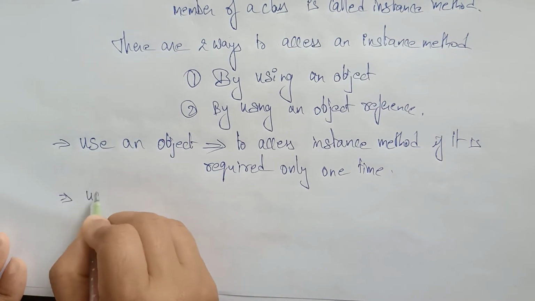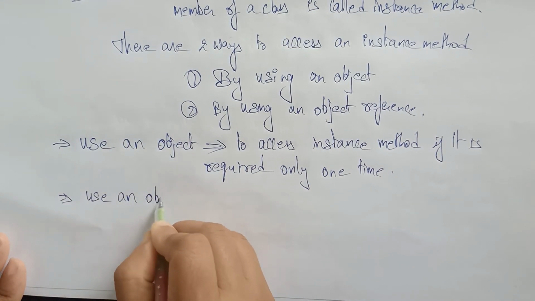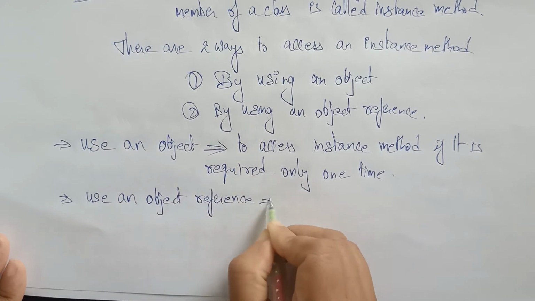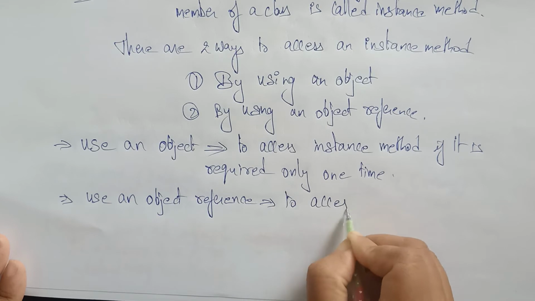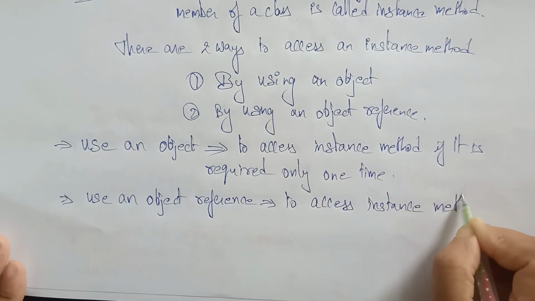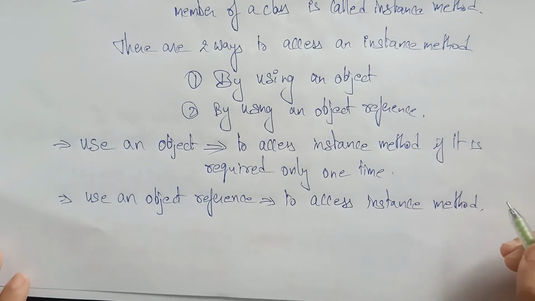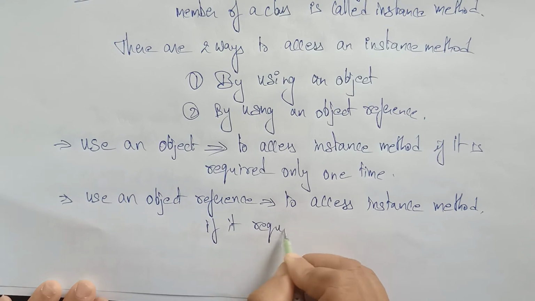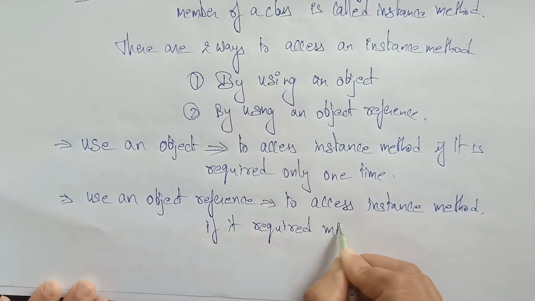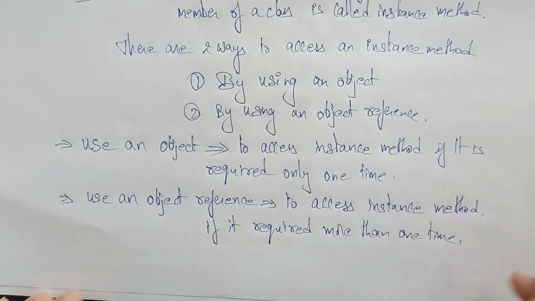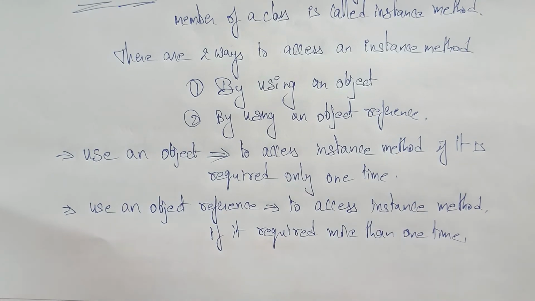Then use an object reference to access an instance method if it is required more than one time. Just remember this point: when to use an object and when to use an object reference.